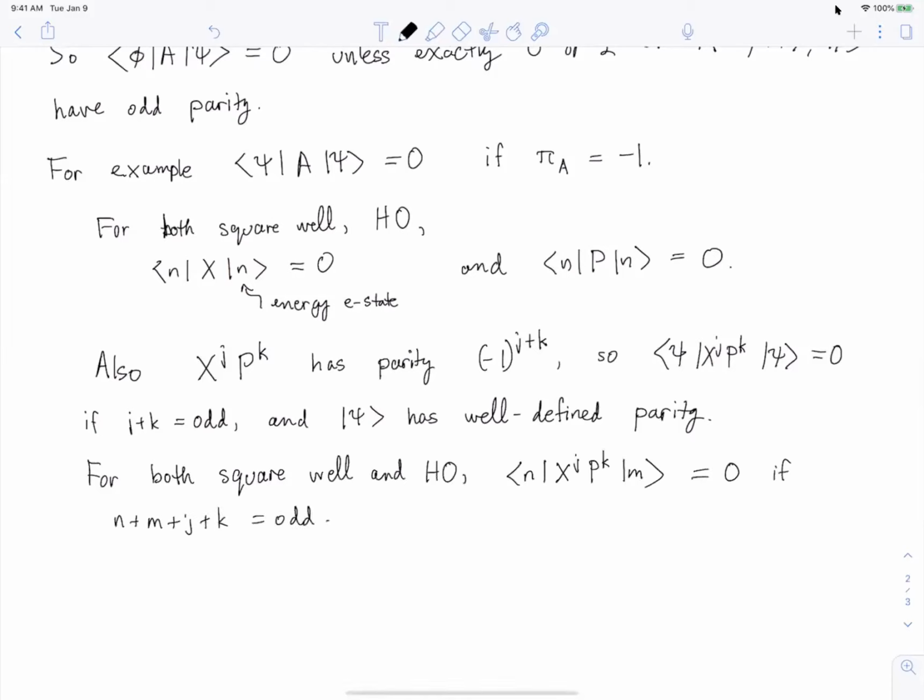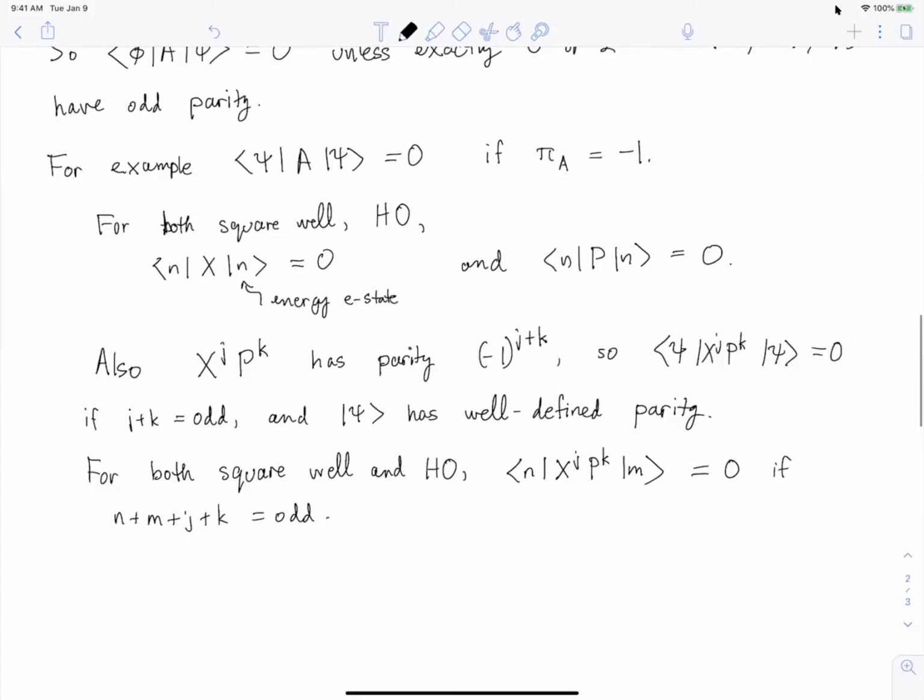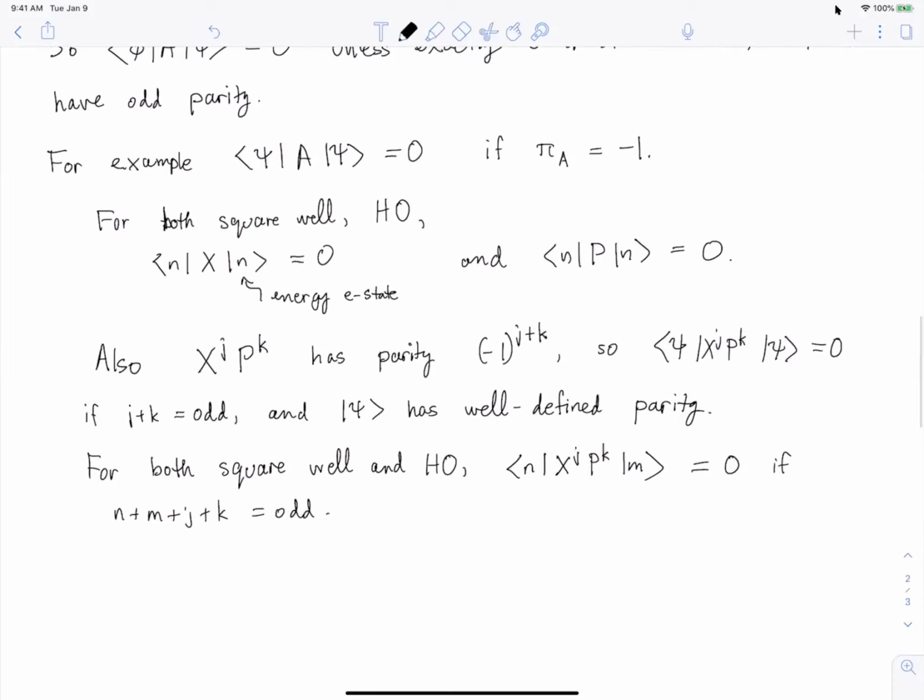Then that thing will vanish. So one of the reasons this is very useful is it will save you a lot of work. You can sometimes look at something in advance and say, oh, that thing has to vanish. I don't have to bother computing it, which is a very useful thing to know. Okay, questions on that?